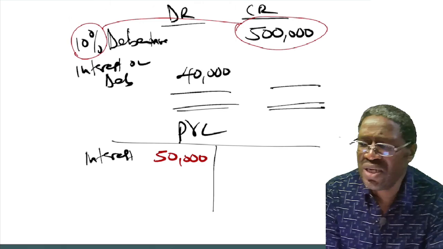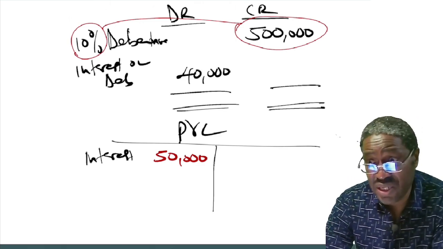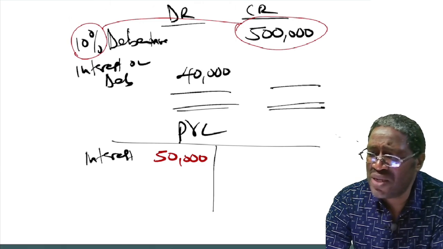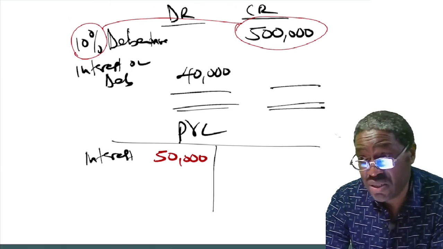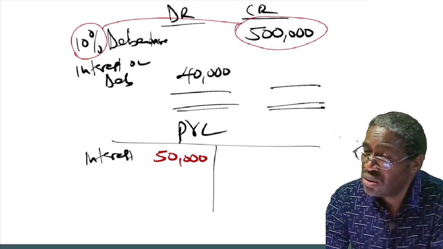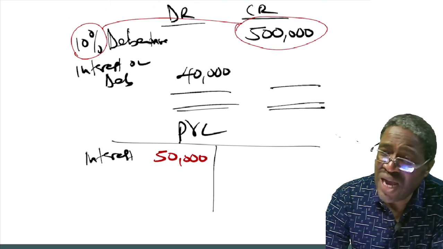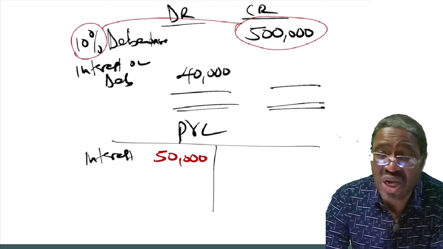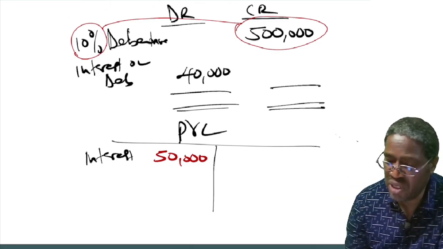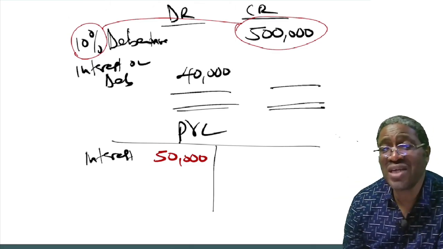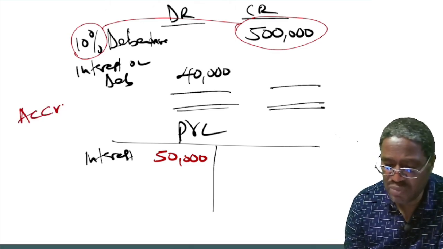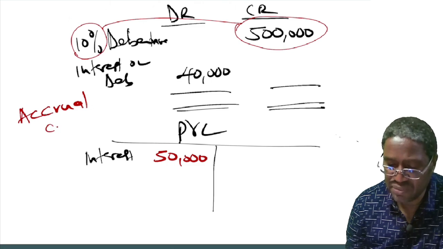So when you are preparing an income statement of a business, we don't charge expenses by what you actually paid. If you look at this trial balance, we actually paid 40. But when you are preparing an income statement, you don't charge 40. Why? Because I hope you still remember that you normally follow a concept called the accrual concept.